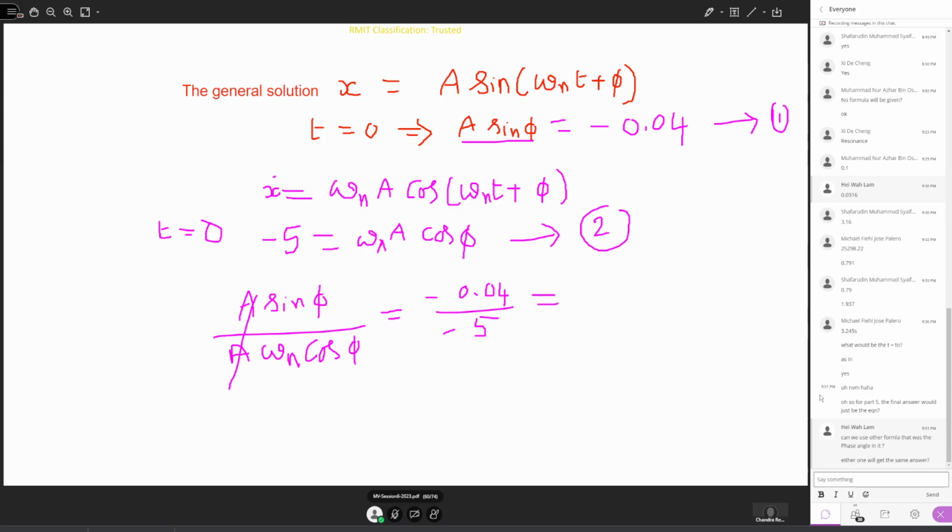Sin phi over cos phi is tan phi. So we can write tan phi is equivalent to 0.04 over 5, which gives 0.08, into omega n. So tan phi is equal to 0.08 into omega n.